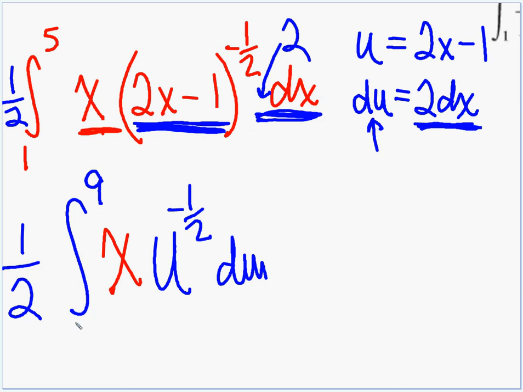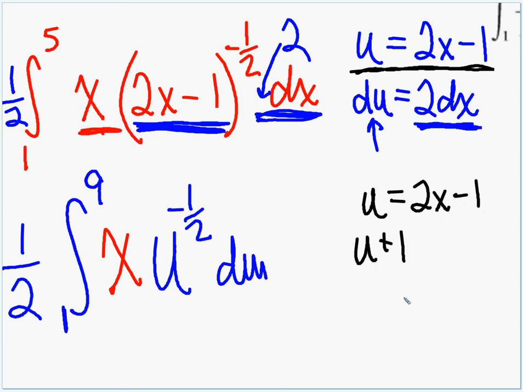Now we've got to take care of that troublemaker x right here. So again, we're going to go back to our u sub. u equals 2x minus 1. Let's solve that for x. So add 1 to both sides, and then to get x alone, we will divide by 2. So x is equal to u plus 1 over 2. So I'm going to take out this red x and replace it with u plus 1 over 2.